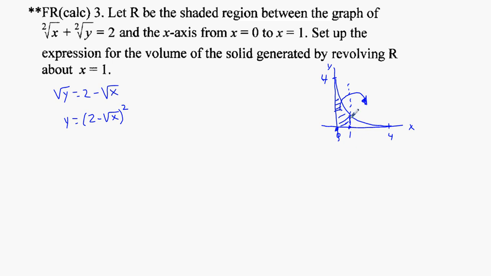And what happens is, if we look at this, we have this square here from y equals 0 to y equals 1, and then this sliver up here between 1 and 4.